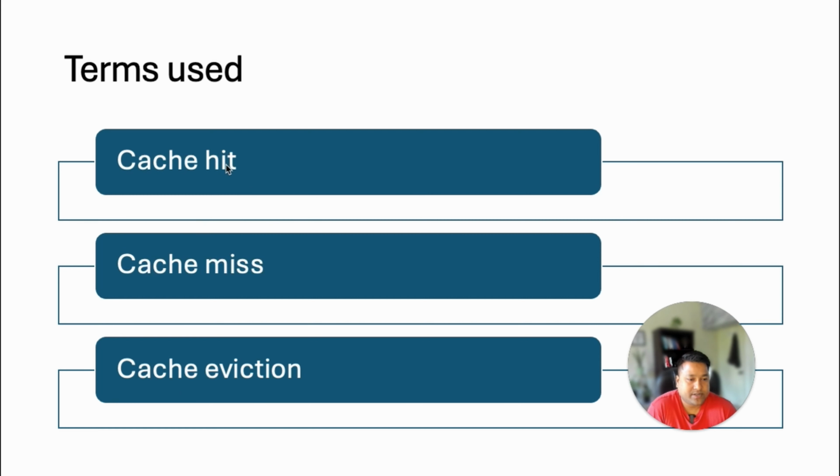We see a cache hit if you are looking for something that is present in your cache memory. If it is not present, it will be a cache miss. And if you want to insert more elements into your cache memory, that will be driven by your eviction policies, which element to evict in order to insert more. So this is cache eviction.